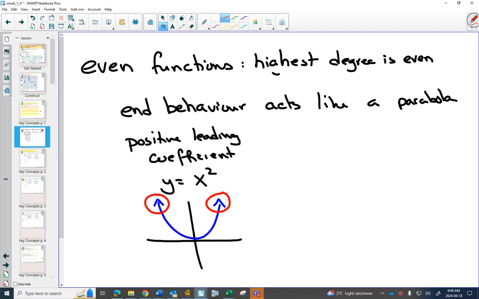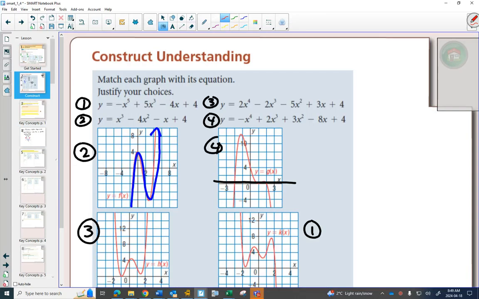Let's double check the ones that we did as a starting. I have two. Number 3 and number 4 are both even. See how that has the biggest exponent is even, and that one has the biggest exponent is even. Number 3 has a positive leading coefficient.